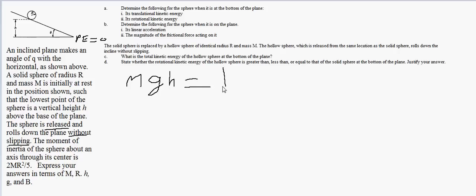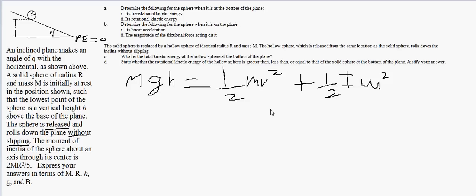Translational kinetic energy, you all know, is 1/2 mv squared, I'm sure. And the rotational kinetic energy is 1/2 I, which is moment of inertia, times omega squared, which is angular velocity. It's the same thing basically, but inertia is like mass in a rotational motion.